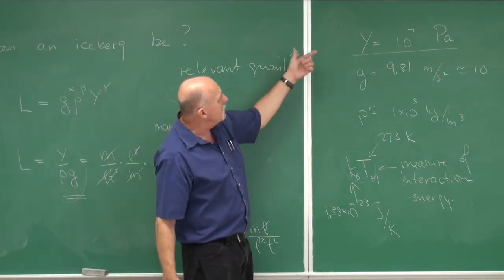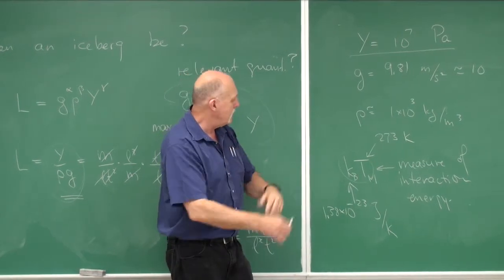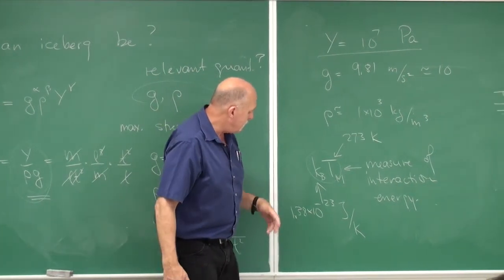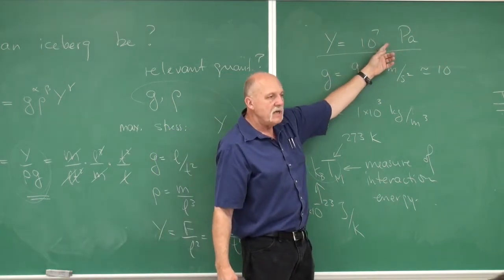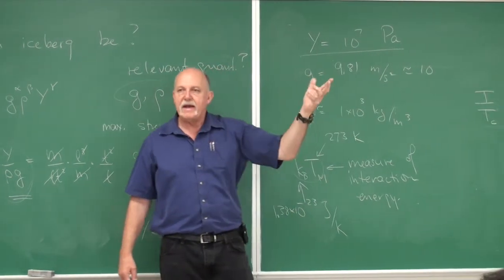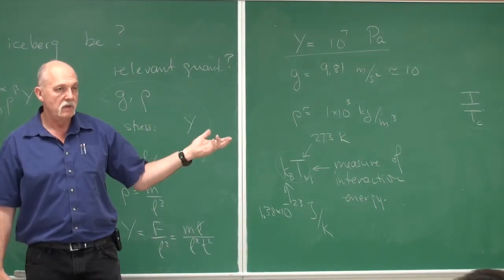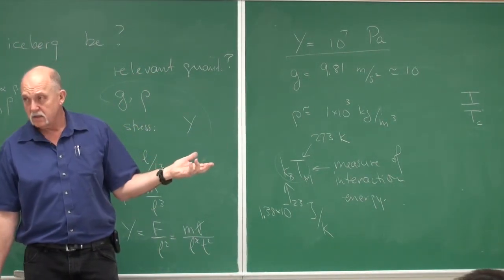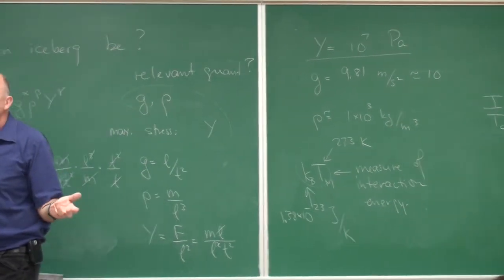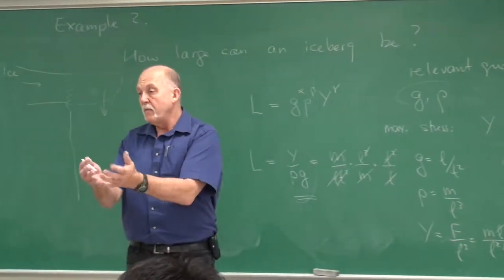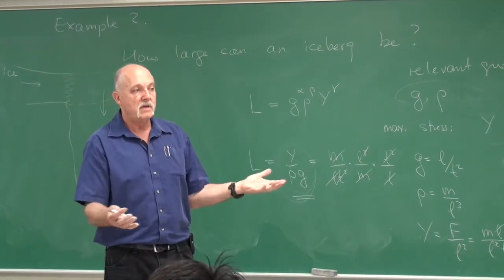So if we wanted to calculate Y, just from the dimensional argument, we want to get essentially a pressure here, and we have energy, so we have to divide the energy by volume. Volume of what? The volume of a molecule. We need a volume in there, and the only thing we have is molecules.